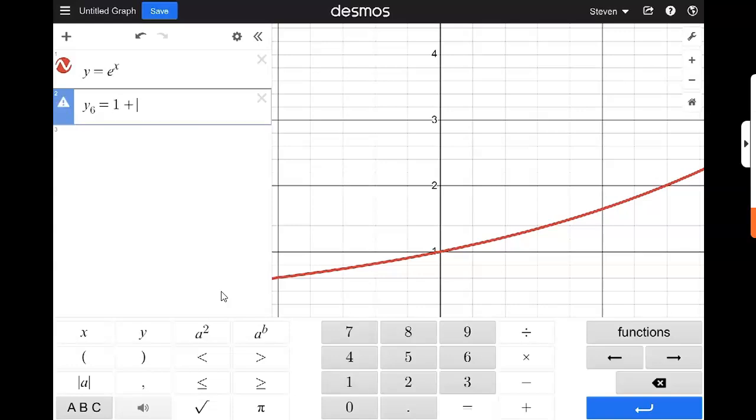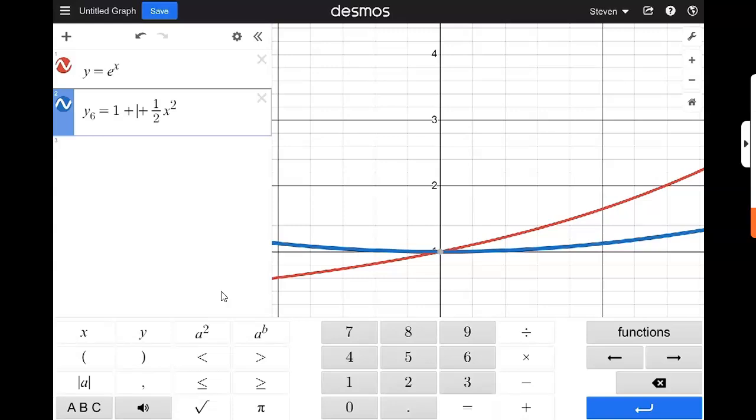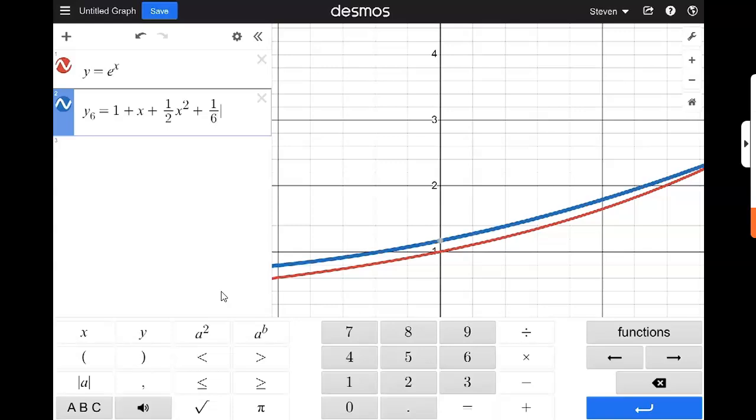So 1 plus x plus 1/2 x squared. Oh, there should have been x there. Plus 1 over 6 x cubed.